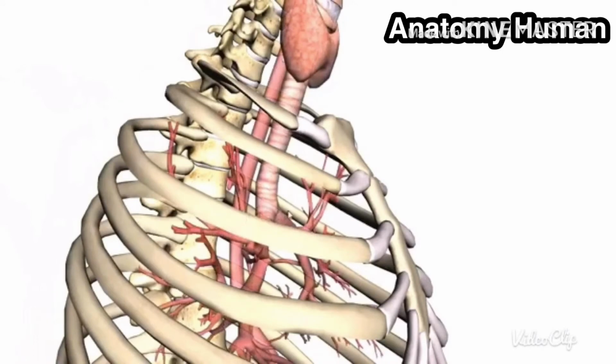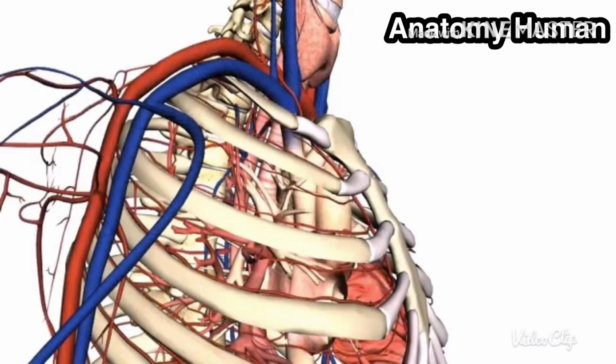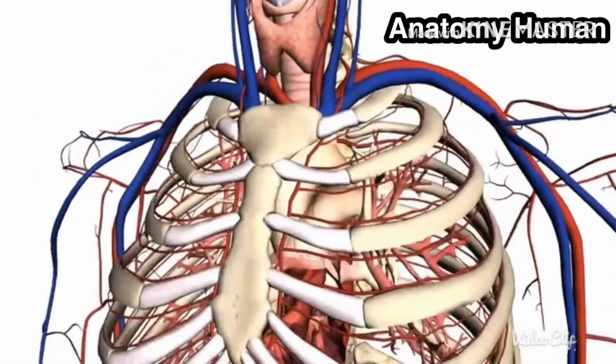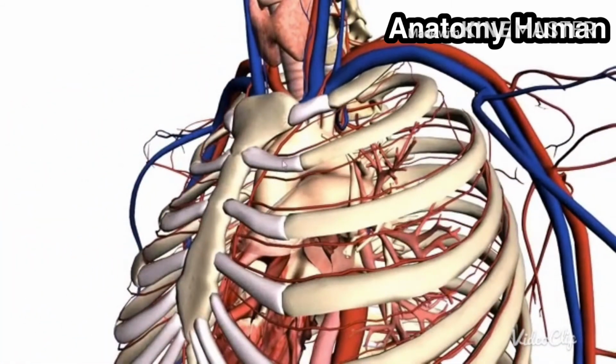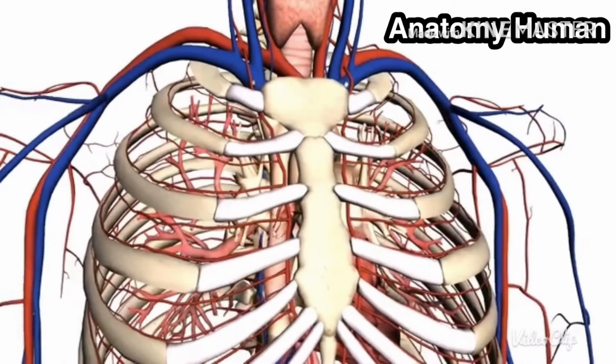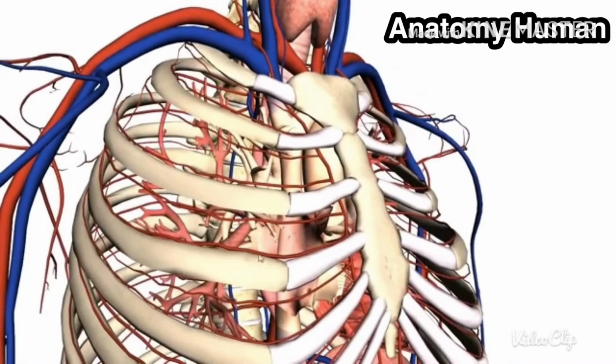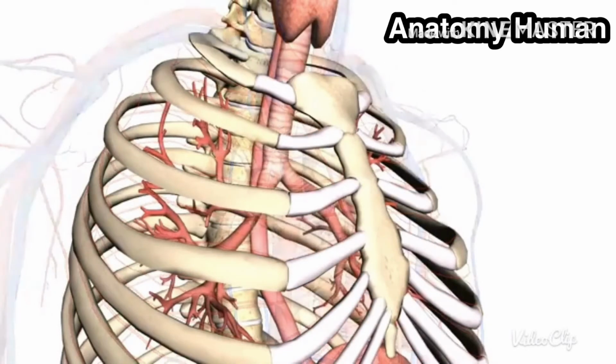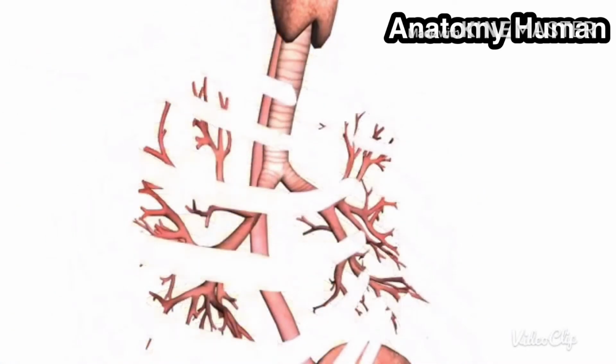So you can see that is roughly at the level of T4, T5, and the, can't quite see it, but the arch of the aorta is also known. The beginning and end of the arch of the aorta is roughly at the level of T4, T5. So that's how vertebral levels are used to identify anatomical landmarks. So they're a good thing to sort of know in that respect.